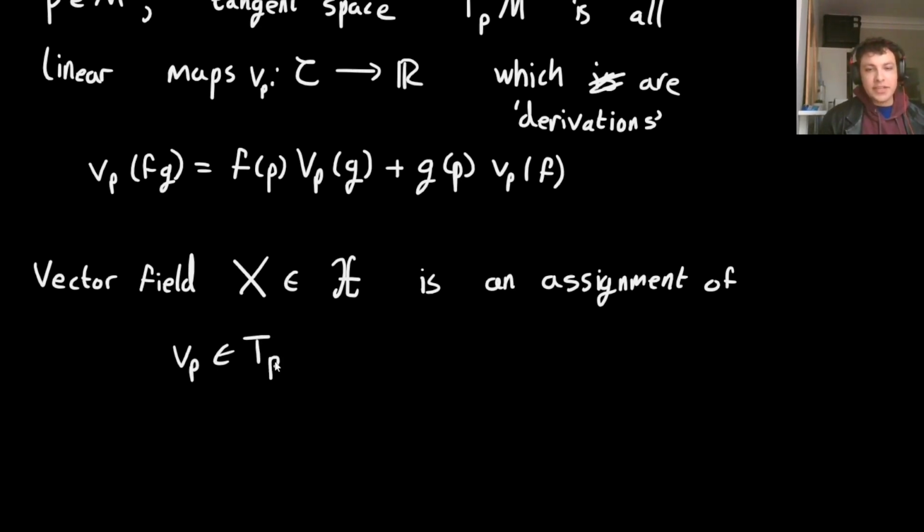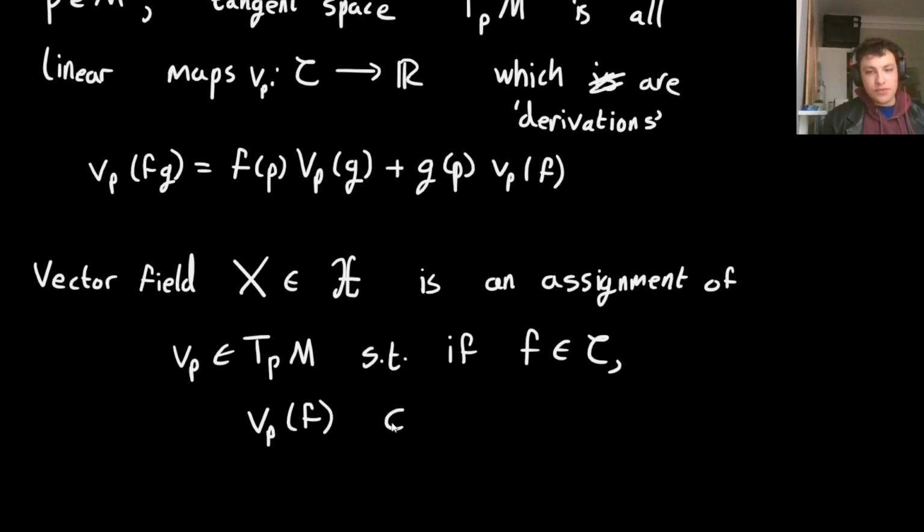So you basically pick a tangent vector at each point, so an element of each tangent space, such that if F is smooth, then V_P F is also smooth. So because you get a number at each point by evaluating that tangent vector on the function, you then get a number at each point in the manifold, which is a function. And so if every smooth function you put into your vector field, you get out another smooth function, that is a vector field. It sort of means that the coordinates of your tangent vectors vary smoothly.